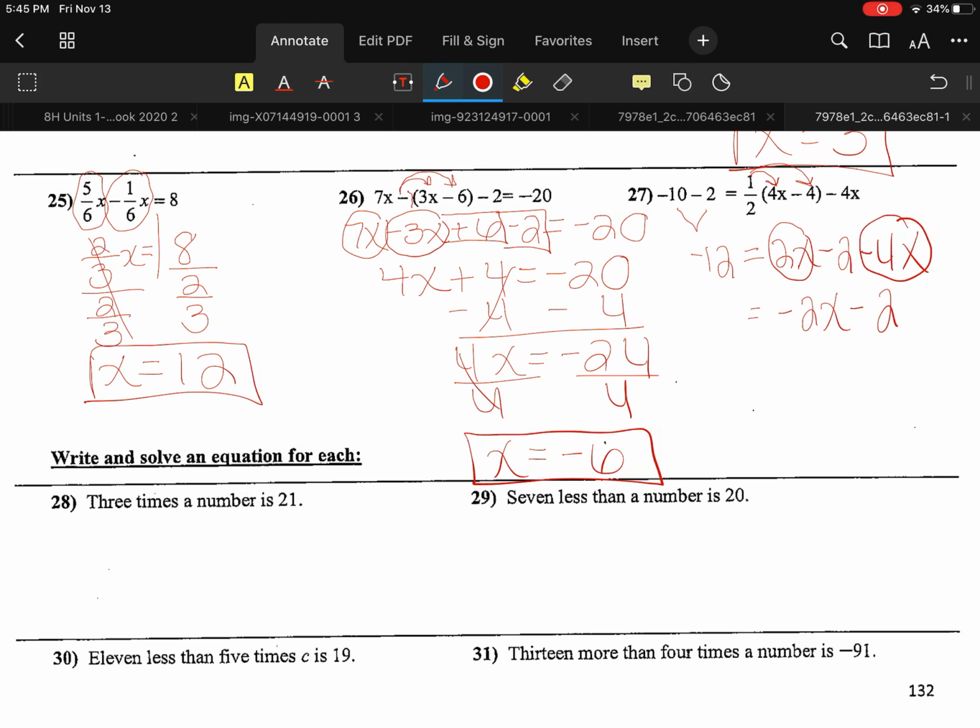That gives me a negative 2x minus 2 on the right equals the negative 12 on the left. Add 2 to both sides. That gives me negative 10 equals negative 2x. The inverse of multiplying by negative 2 is to divide by negative 2. I now have 5 is equal to x, or x is equal to 5.